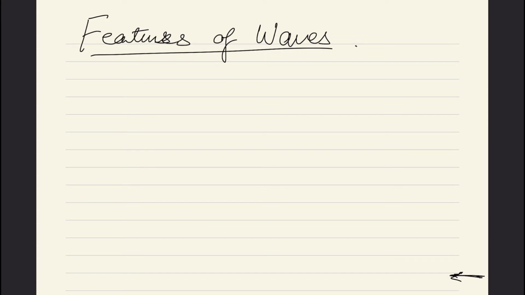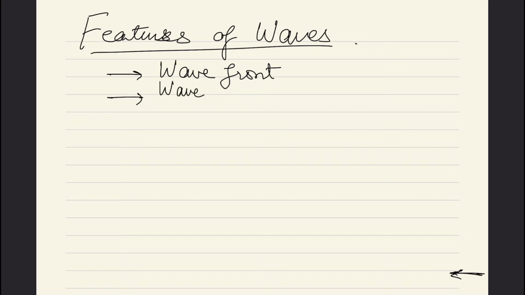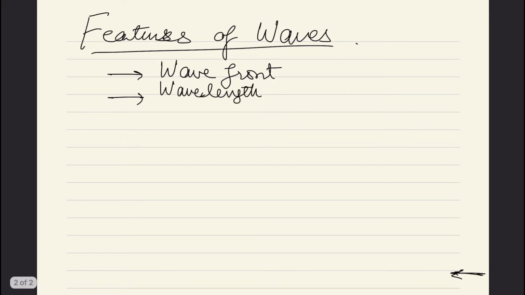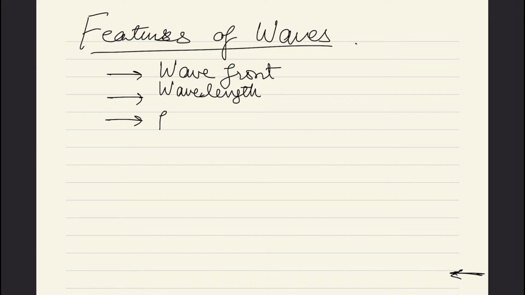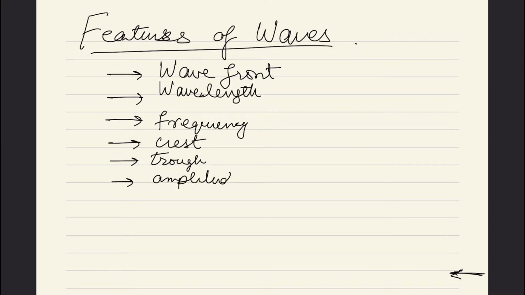In these features, we have to discuss wavefront, wavelength, then frequency, crest, trough, amplitude, and in the end we have to check the wave speed.